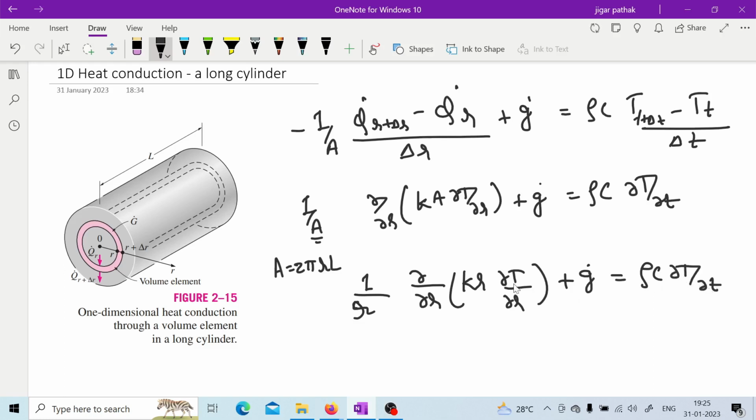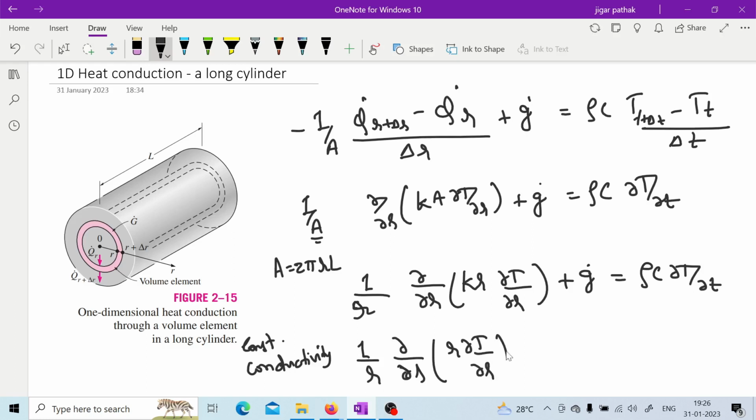Now for constant conductivity, again you can have this 1 upon R del by del R, as we have done earlier, right? Rho C by K I can directly write as 1 upon alpha.